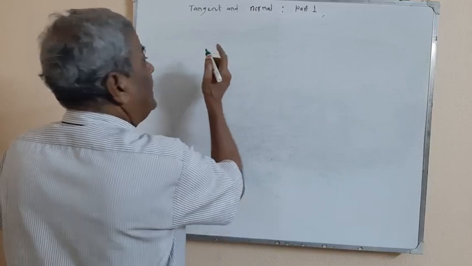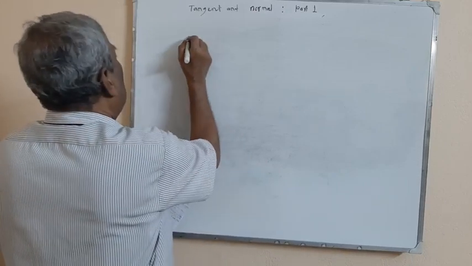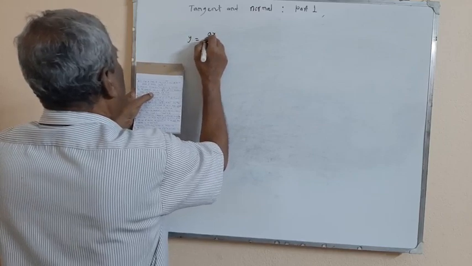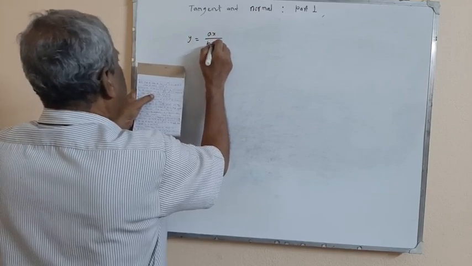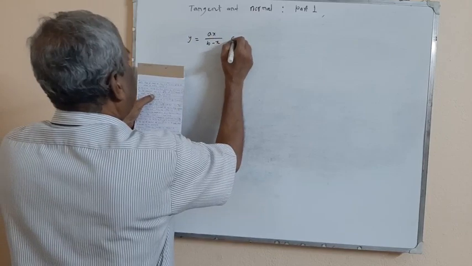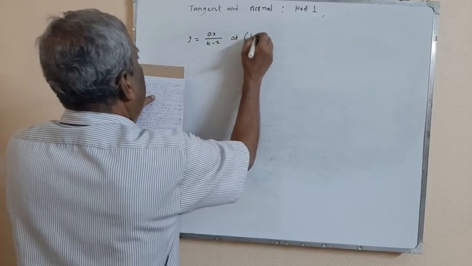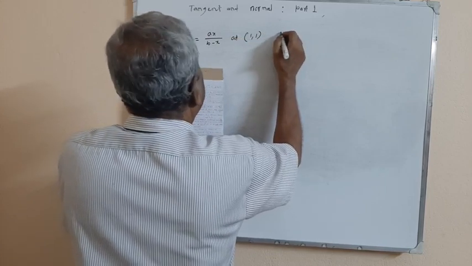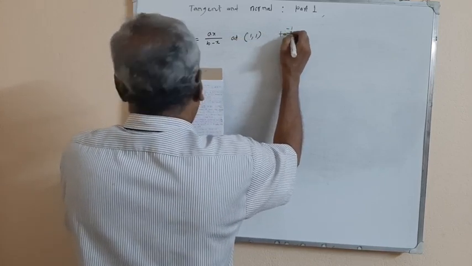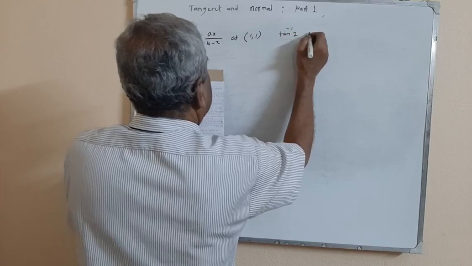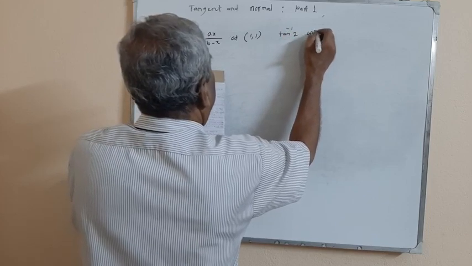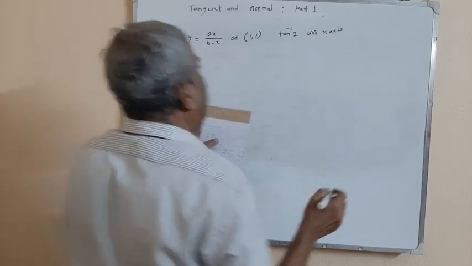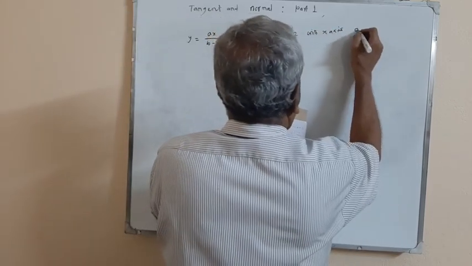If the tangent of y = ax/(b - x) at (1, 1) makes an angle tan⁻¹ 2 with the x-axis, then a and b are.